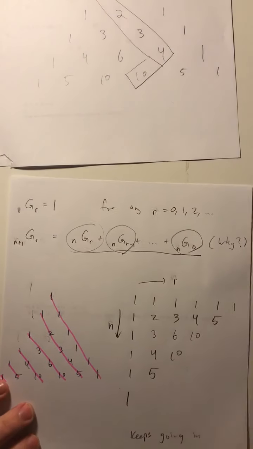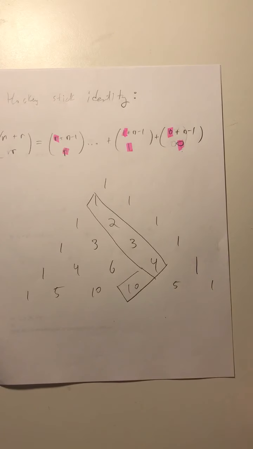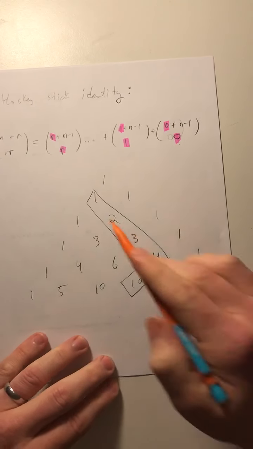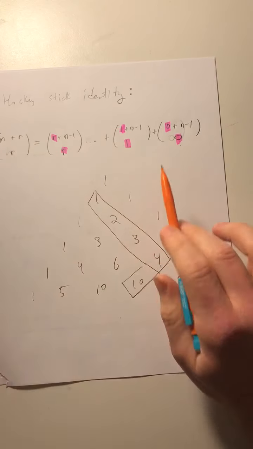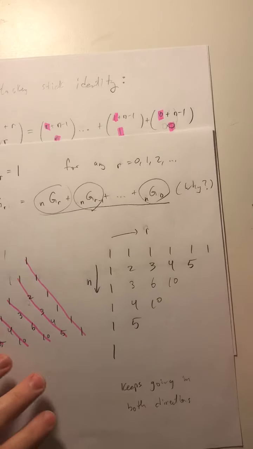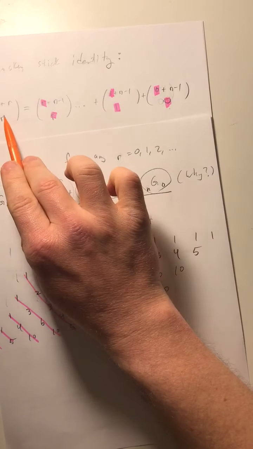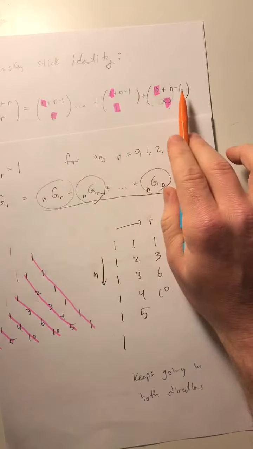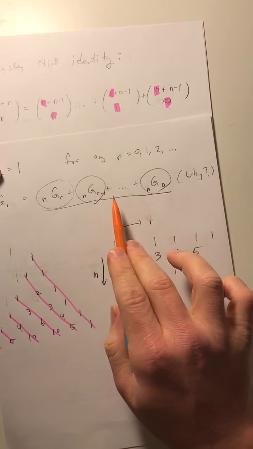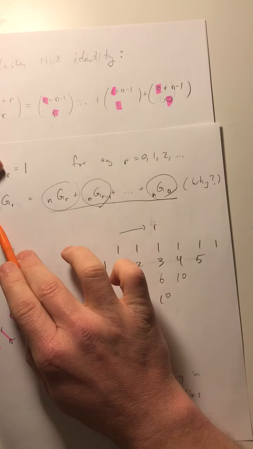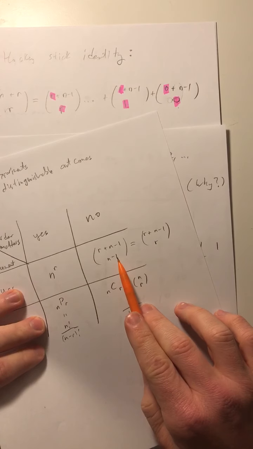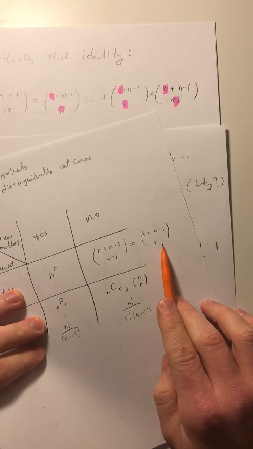So now this recursion is pretty nice. We get something called the hockey stick identity, which has this formula. So this row here is the same as this. Okay, so we've already claimed that N choose R is equal to this value, which is the same as this value.